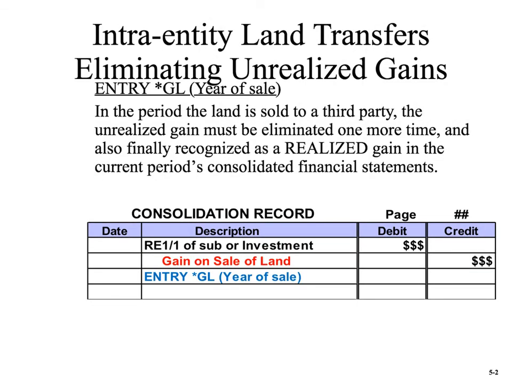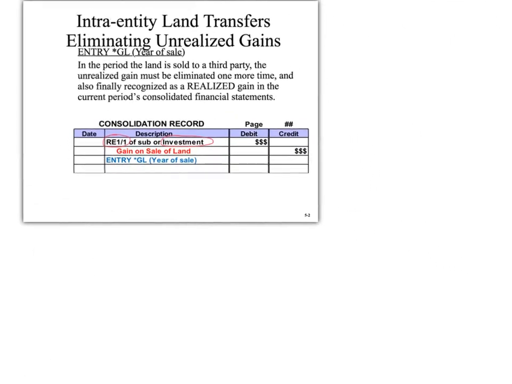Finally, in the year of sale, we want to eliminate the unrealized gain, because now the unrealized gain is finally realized. So we want to debit retained earnings 1/1 of the sub or investment, depending on the direction of the sales, and then credit the gain on sales of land. What does this mean?